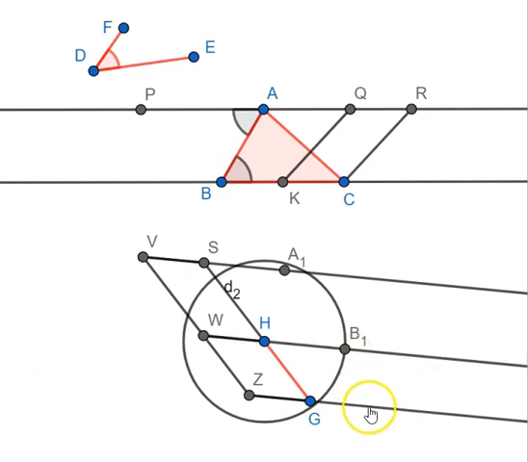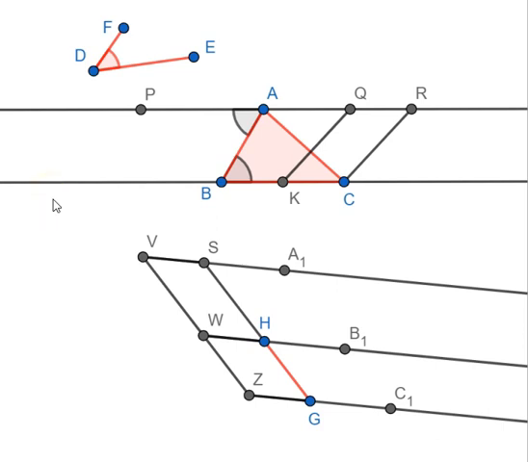Similarly, we need the intersection point here as well. So again we draw a circle with G as the center and SA1 or HB1 as the radius. And again we take the intersection point of the circle and this line. Okay. Now we don't need these circles, so let's hide these circles.